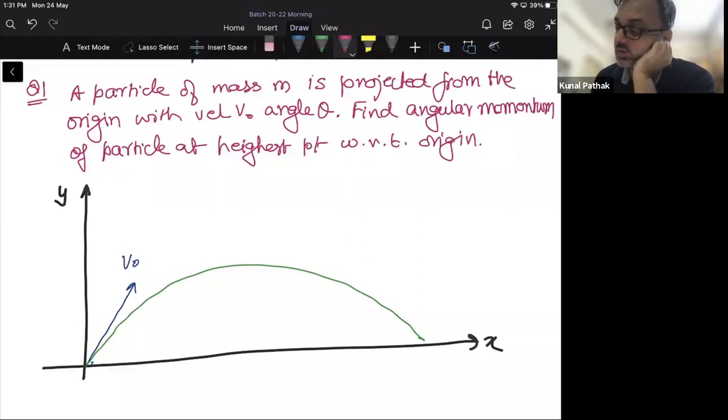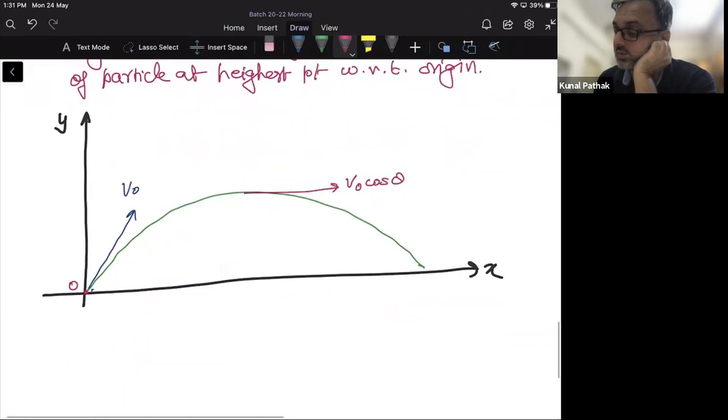So what we want is to find the angular momentum about this point when the particle is at the highest point. Right?